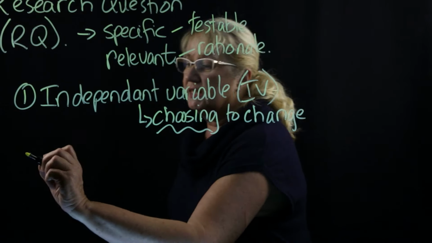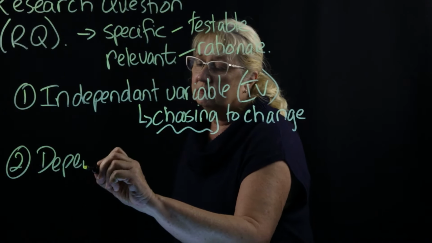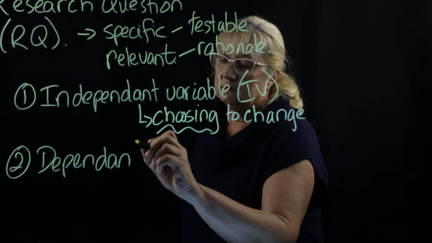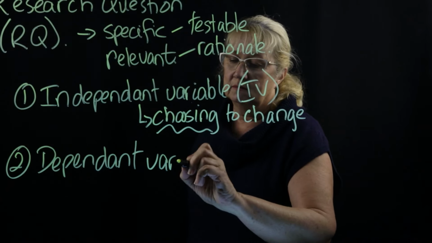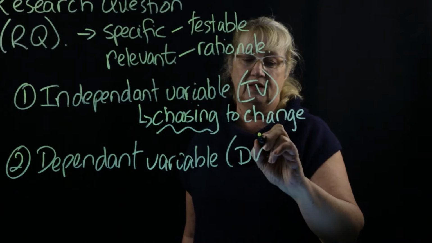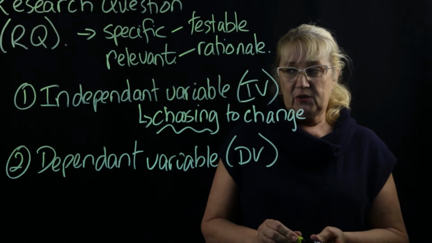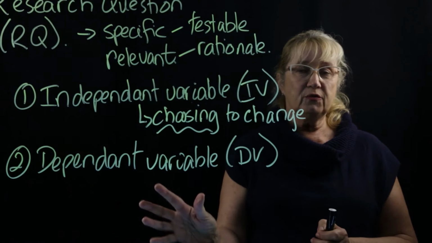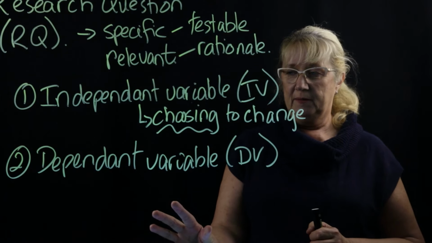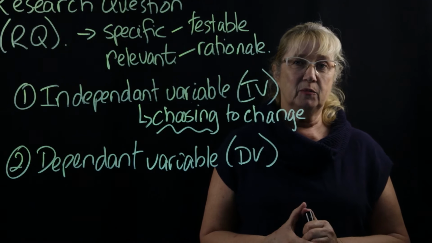Your research question needs a dependent variable, or a DV. Now that one is also going to change because when you change the one thing, it's going to affect the other thing, hopefully. But you're not choosing to change your dependent variable.